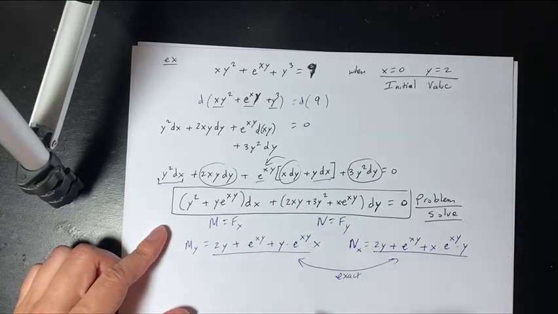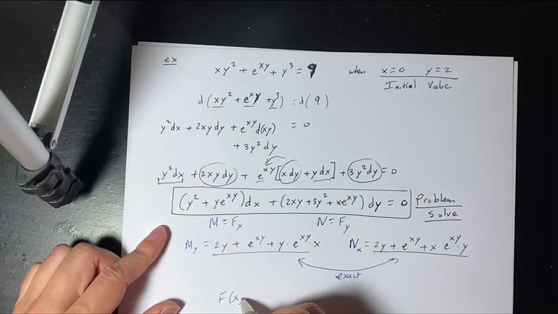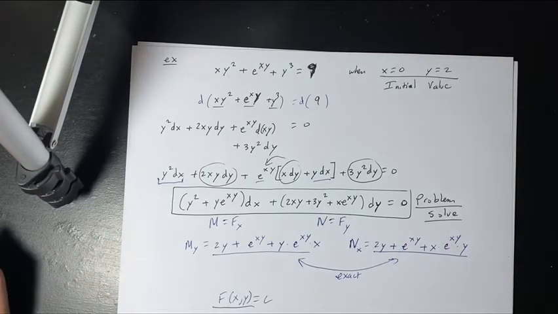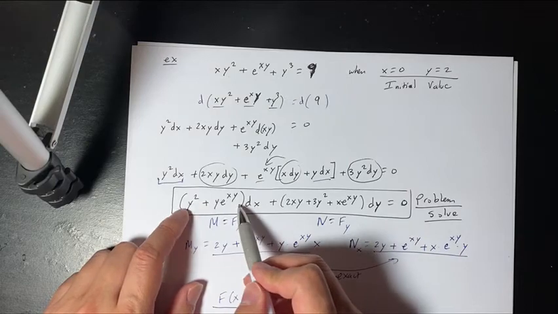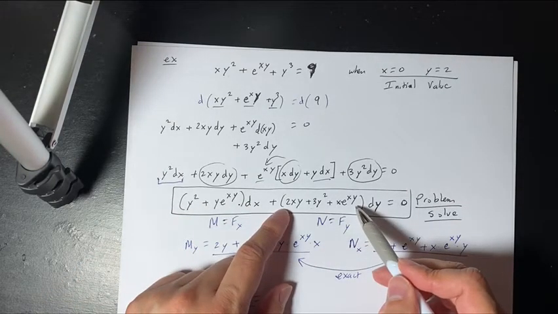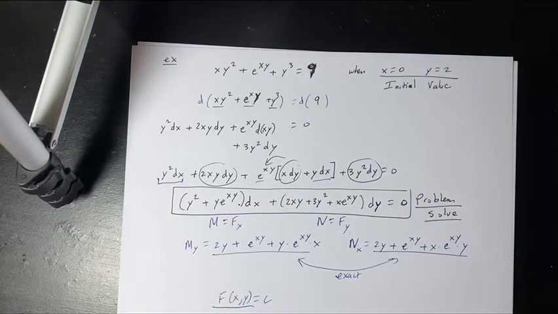So they are indeed exact. And now the solution will be this f of xy is equal to c. But what is f of xy? Well, we're going to integrate this with respect to x because this is f sub x. We're going to integrate this with respect to y because this is f sub y, and it'll give us the same f.